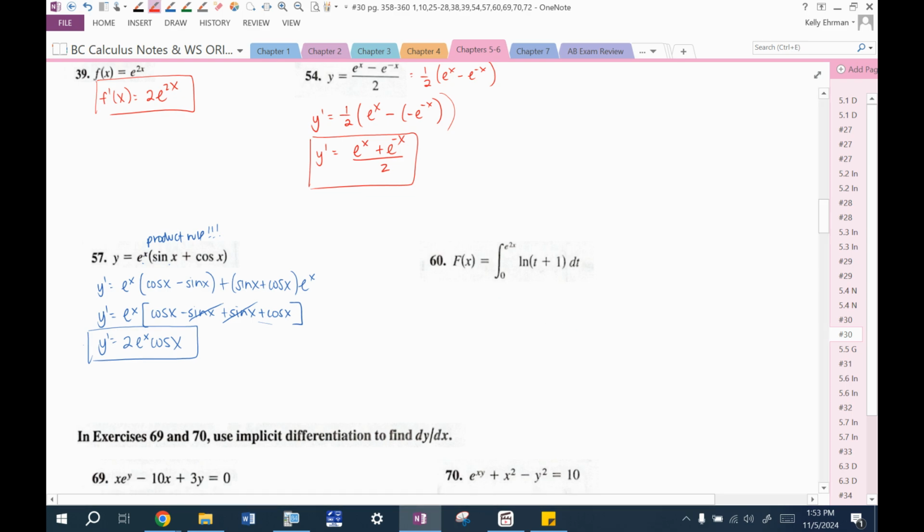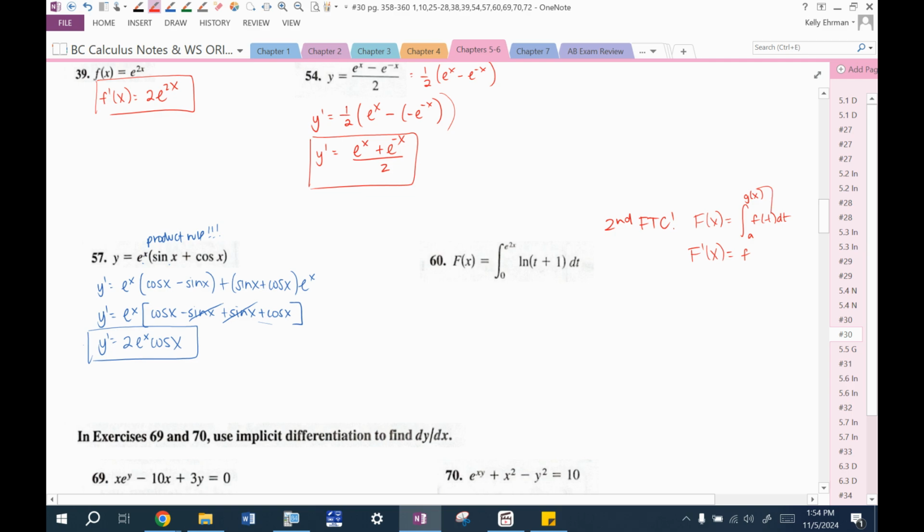Number 60, this is good practice with our second FTC, second fundamental theorem of calculus. So remember, this says that if f of x is equal to an integral of some function up here, quick reminder on this theorem, then f prime of x, the derivative will cancel out the integral.